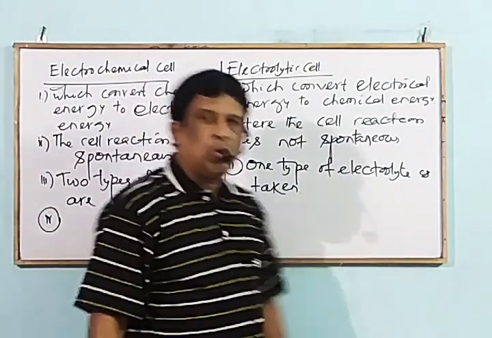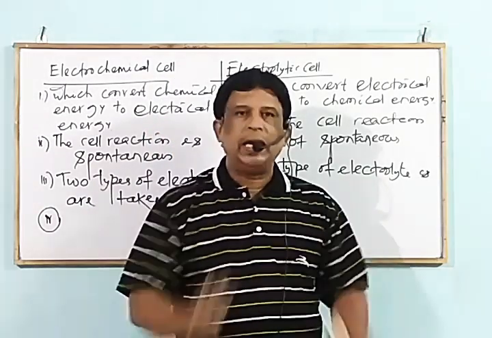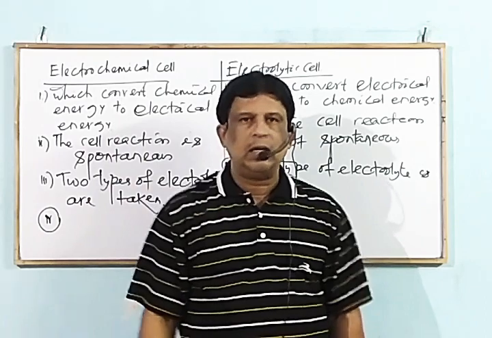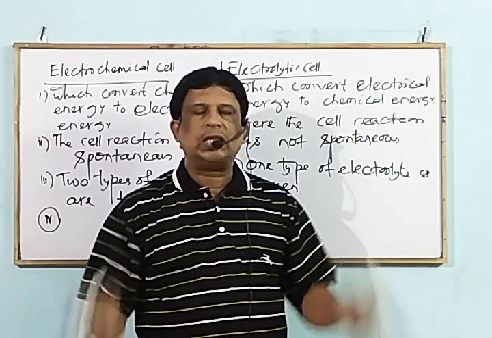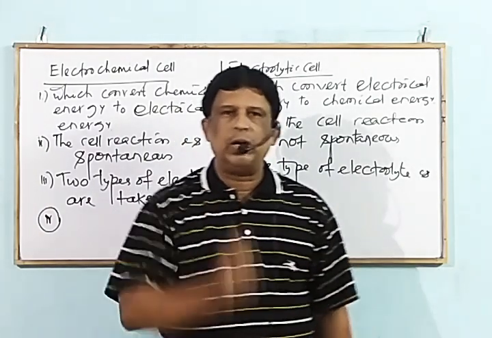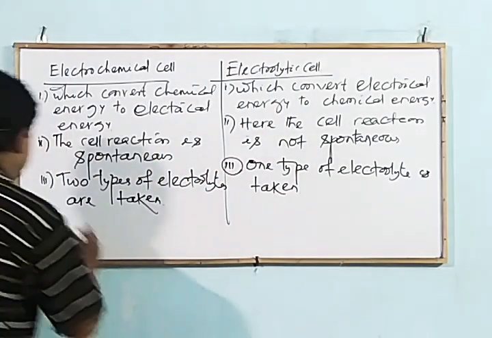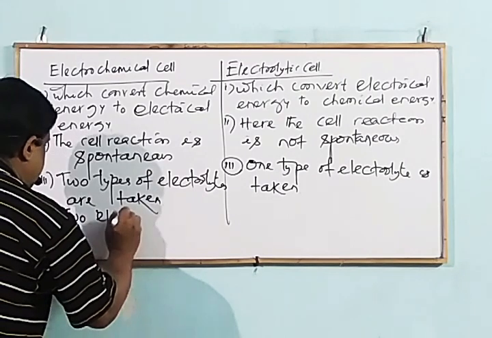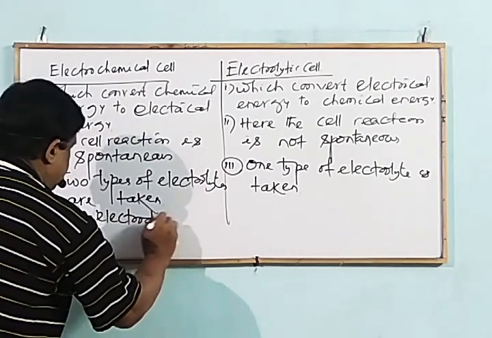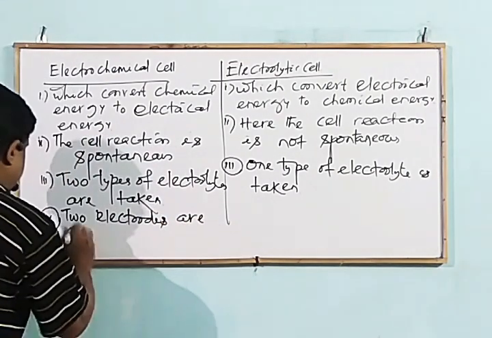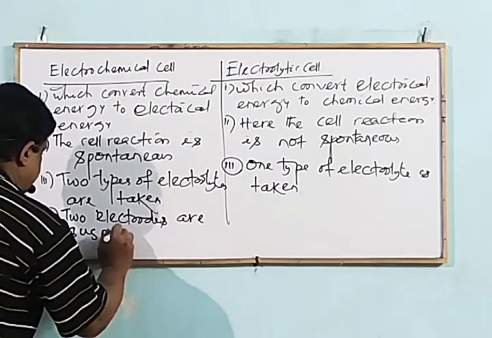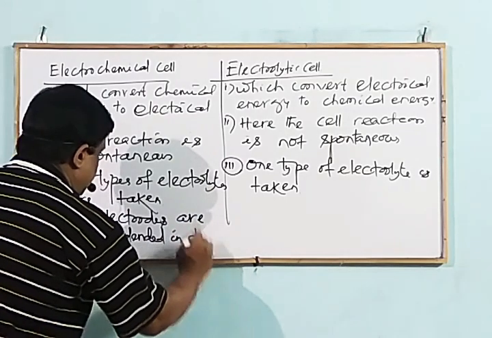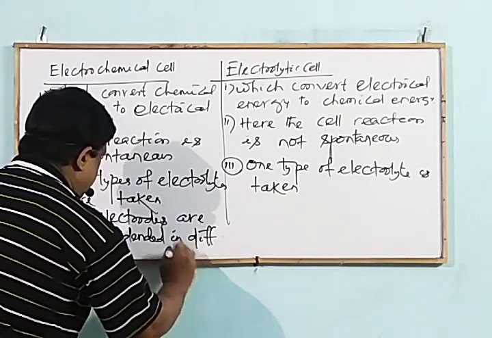Next point, fourth point. The two electrodes are suspended in two different containers for electrochemical cell, but in electrolytic cell the two electrodes are suspended in one container. Mark that. Here the two electrodes are suspended in different containers.